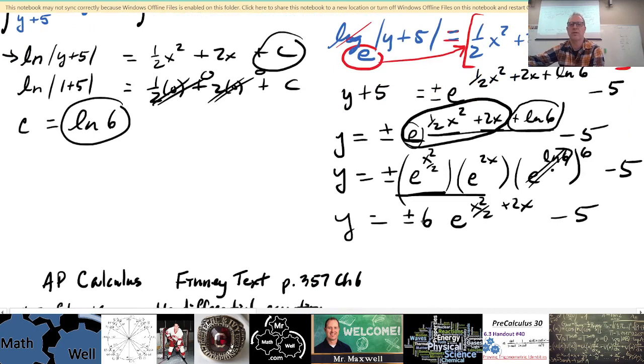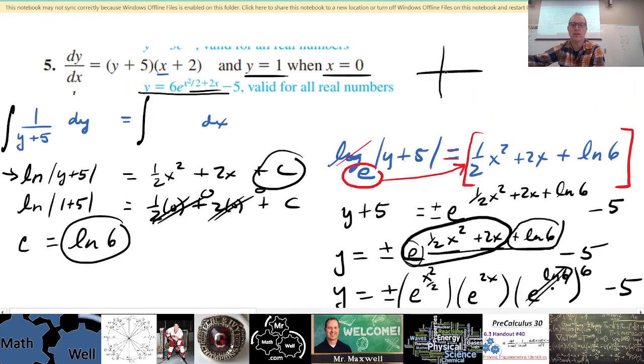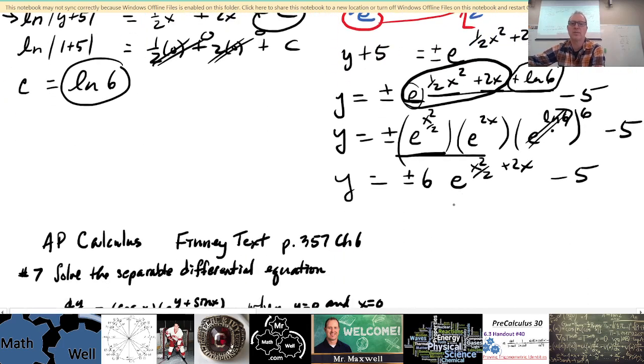And then of course we have to figure out if it's plus or minus. So we have 0, 1 for a coordinate. If we have some kind of e function here, it would only make sense if this was a positive 6 to stretch it up, and then minus 5 would bring that whole thing down so that it went through 0, 1, you see.